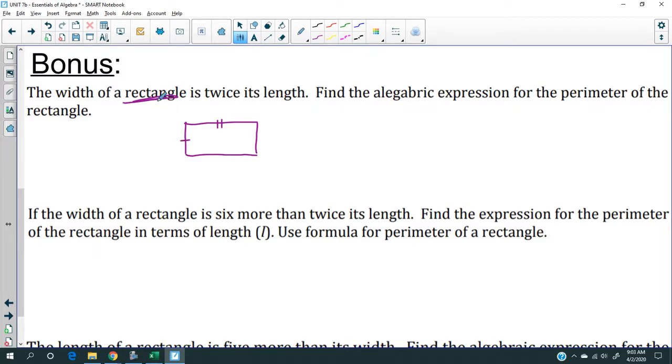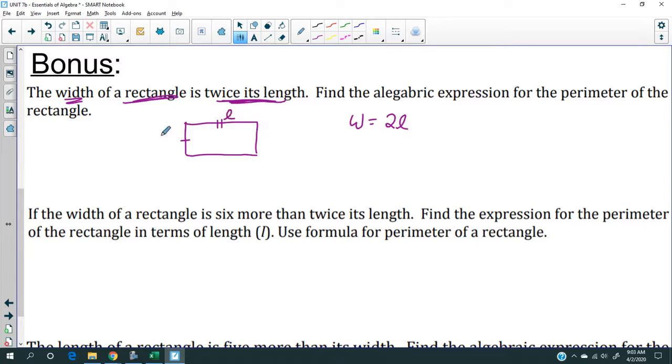Now, think about this. The width of a rectangle is twice its length. First of all, the wording is not great. So think about twice its length. If the width is twice the length, how do you write twice the length as an expression? Yeah, 2L. So here we've got the length.